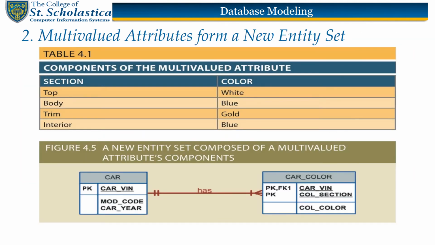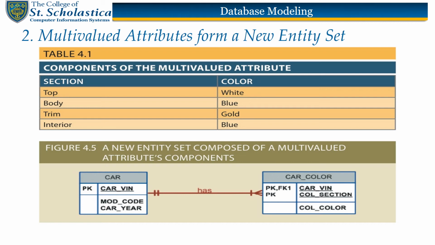Or two, create a new entity composed of the original multi-valued attribute's components. This new entity allows the designer to define color for different sections of the car. See Table 4.1. Then, this new car_color entity is related to the original car entity in a one-to-many relationship.